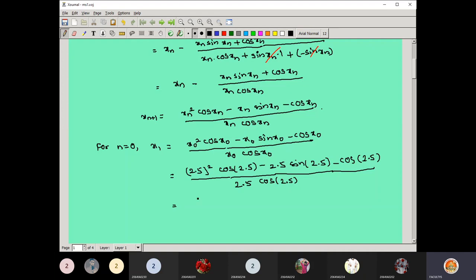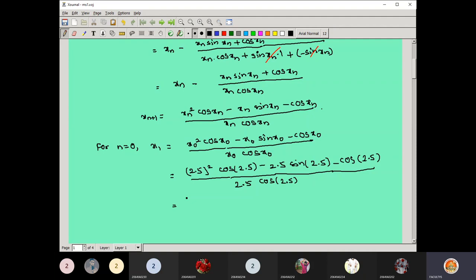Now you can use the calculator. I'm taking the divided by button. The first one is 2.5 square, the next is cos of 2.5 bracket close, minus 2.5 into sin of 2.5 bracket close, minus cos of 2.5 bracket close.